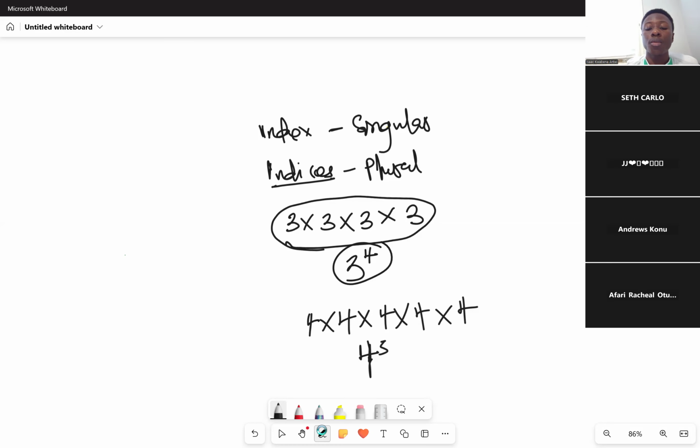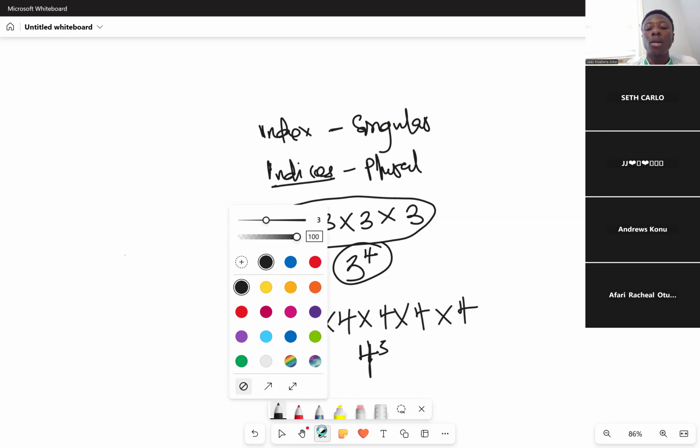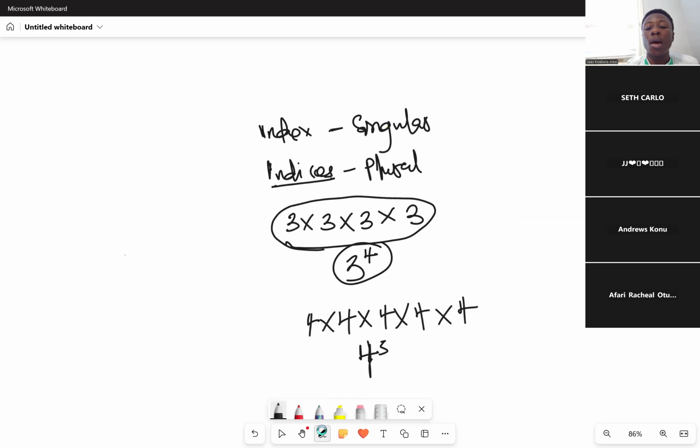So the number on top is what we call what? Index. Okay. So right here, 3 to the power of 4, 4 is what we call the index.